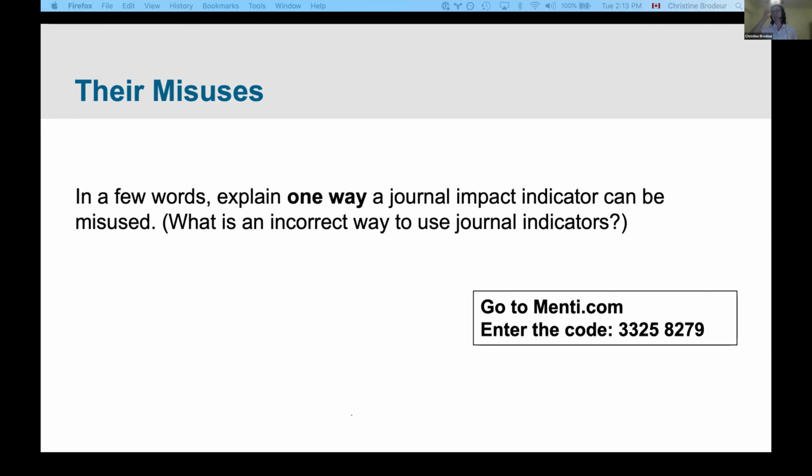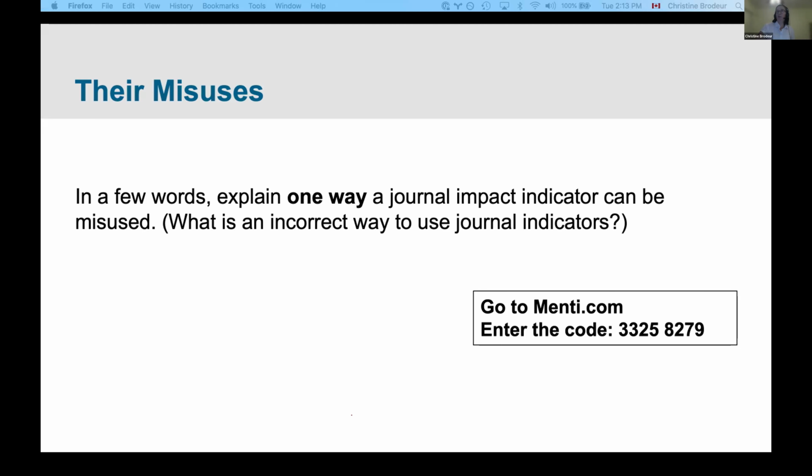But I see many similar to what Marissa said: to evaluate individuals, as a proxy of the quality of a single paper, that it measures research impact directly. So I think this is well known, and if you didn't know, it's okay as well. And hopefully you learned it today, and you'll remember that. So it says the quality of an individual article or author, it should not be used to do that. Okay, so that's really the main misuse, I think.